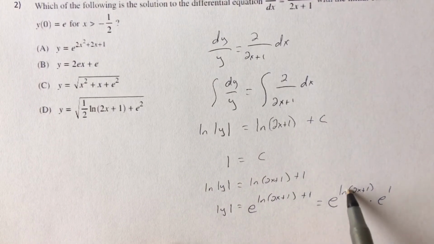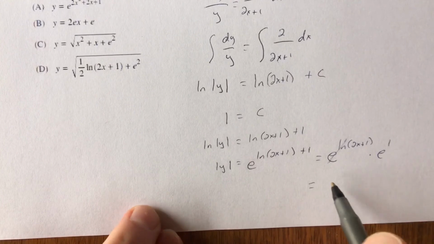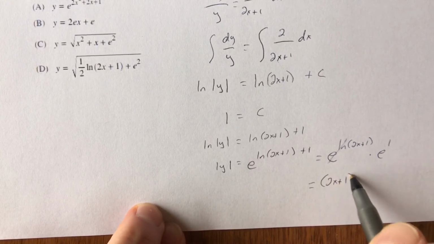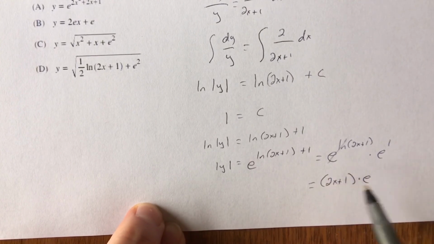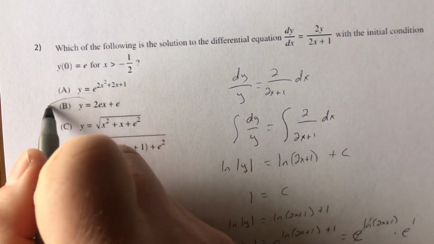And this right here, this e natural log will cancel. And so I'm going to get 2x plus 1 times e. And if I distribute that out, I end up with B as my answer.